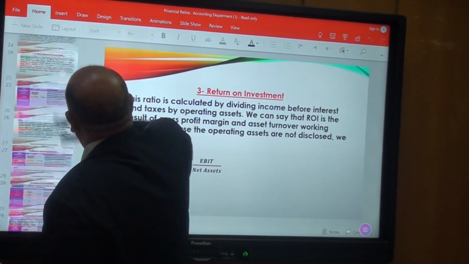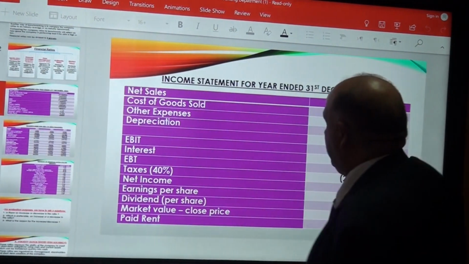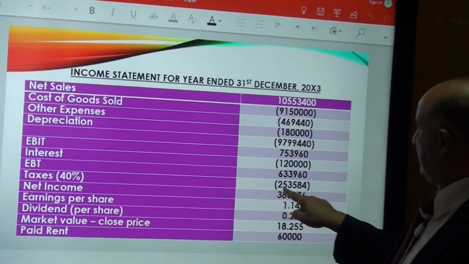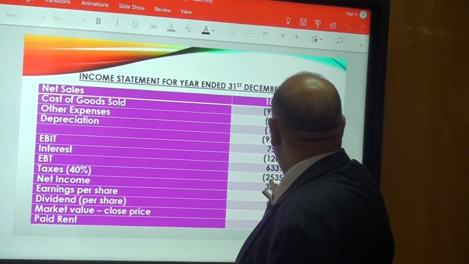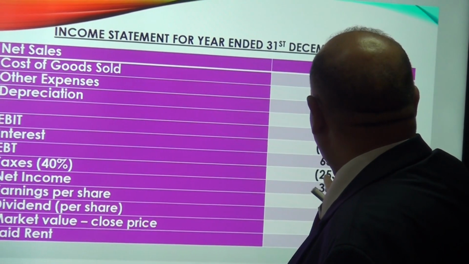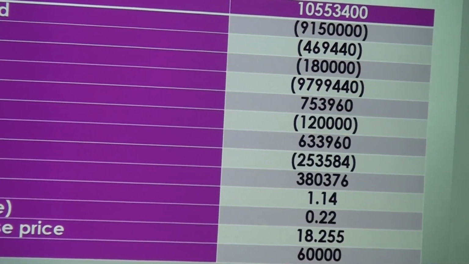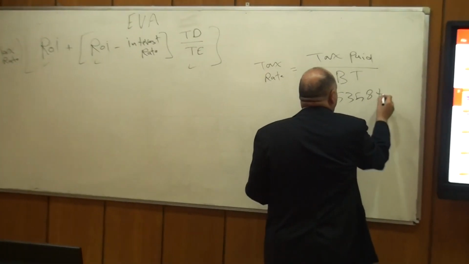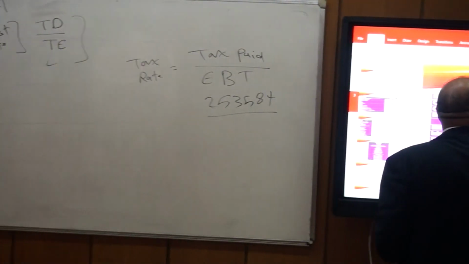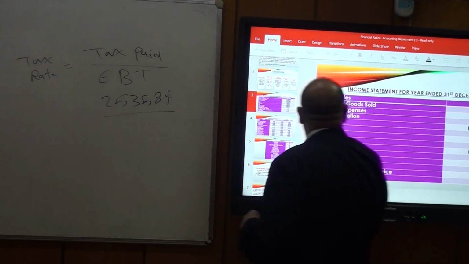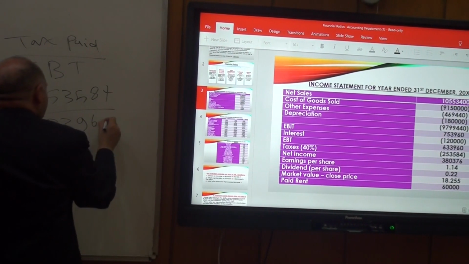This one is the tax paid, 253,584, divided by earning before tax, which was 633,960.